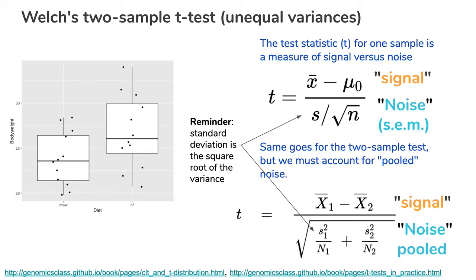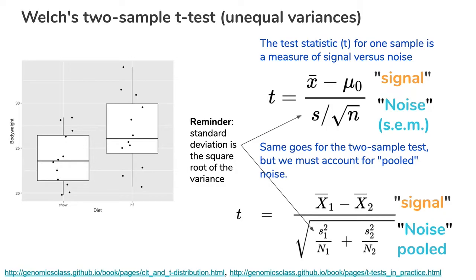A question about this one: you're comparing the chow and the high fat. So is this essentially assuming that the population mean isn't going to change between those two groups of mice? It seems like you're just subtracting the mean from chow minus the mean from the high fat, and then the population mean just kind of disappears. So, there are two population means.